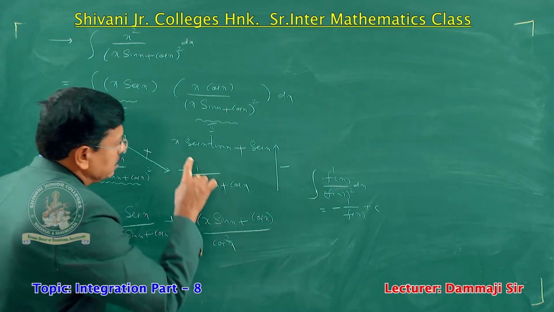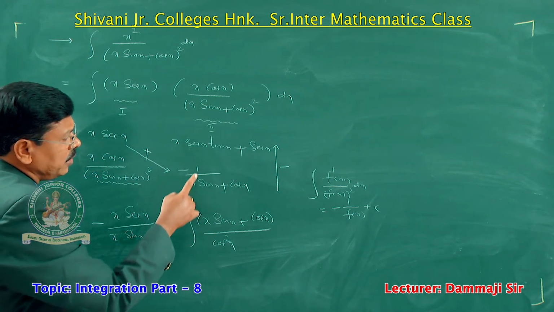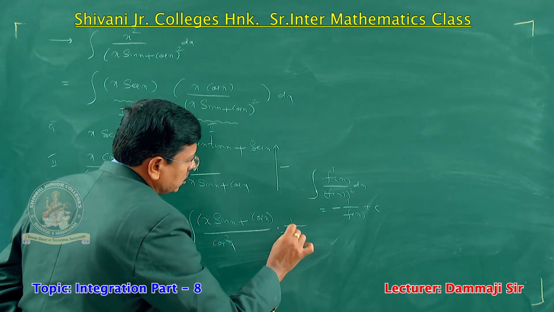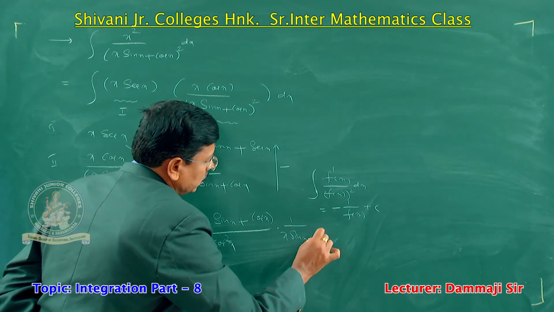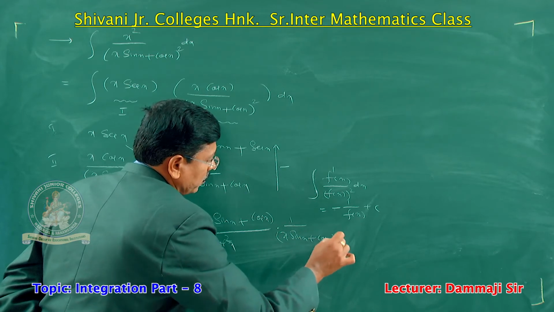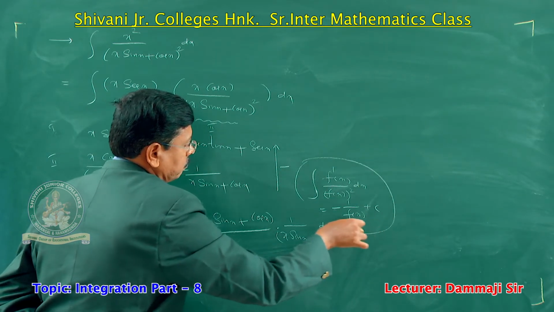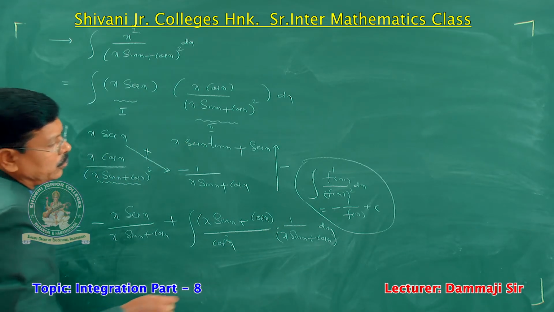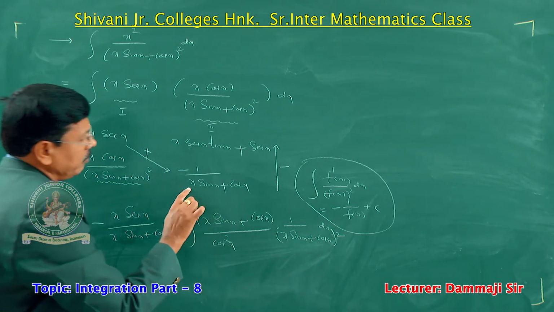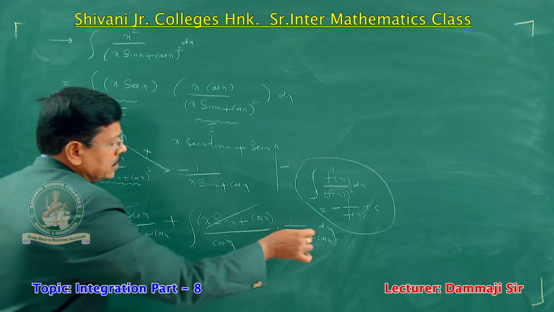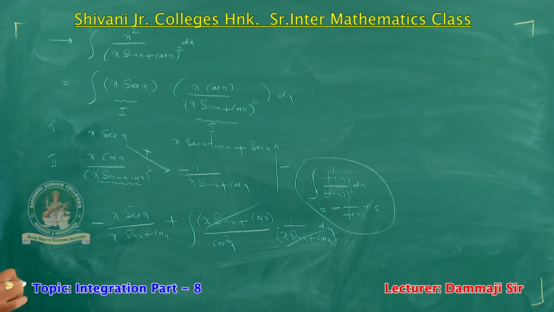Its total result is already a product, right? 1 by x sin x plus cos x. What about the next term? It is one of the formulas. Next whole square is there, only one of the functions. Now one of the functions gets cancelled.